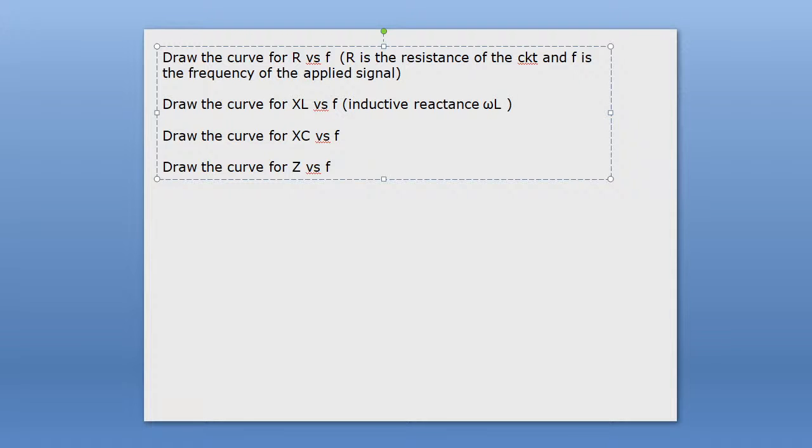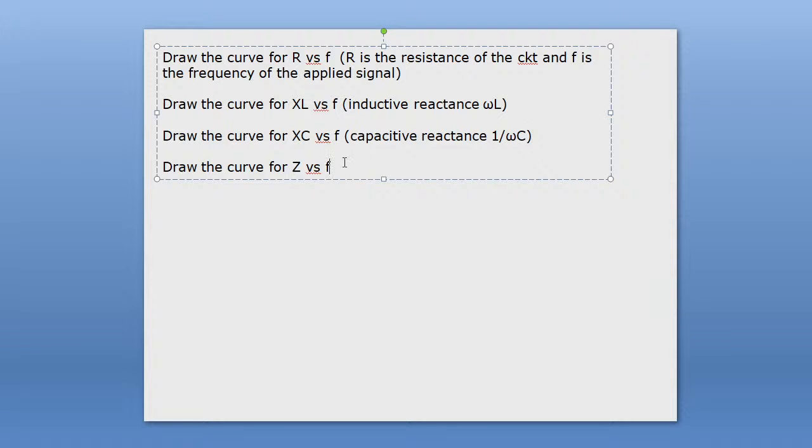Okay, inductive reactance, and F is the same: the frequency of the applied signal. For this case XC, capacitive reactance, XC equal to 1 by omega C in magnitude.